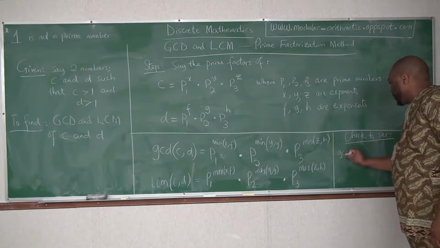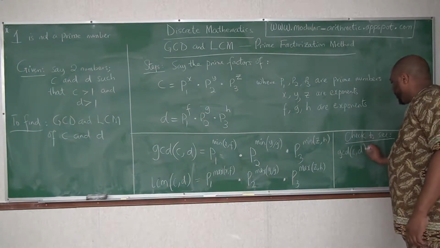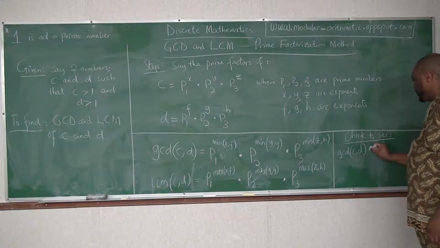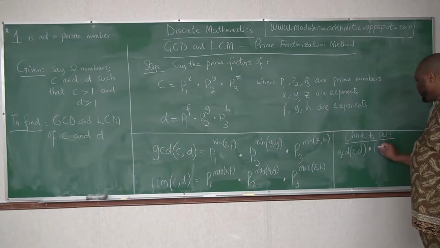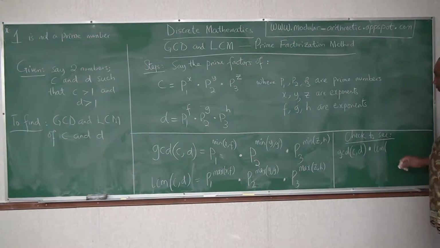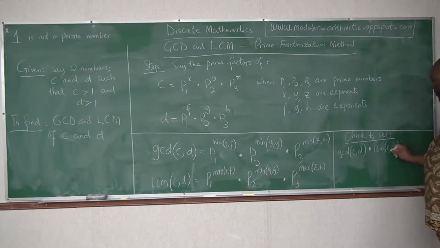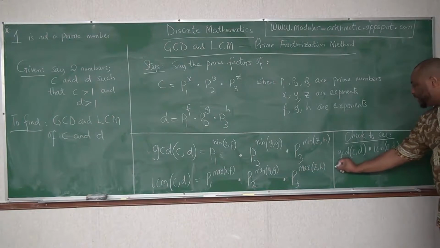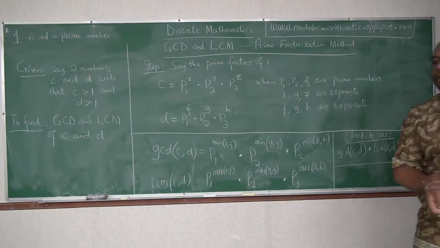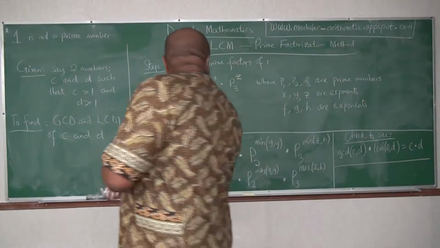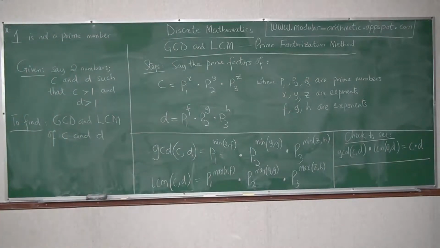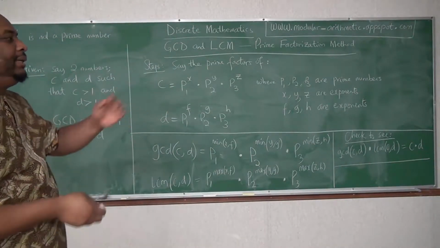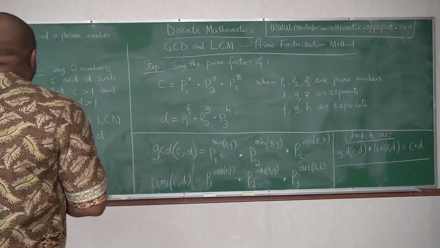GCD of C and D times the LCM of C and D should give us C times D. That's it.